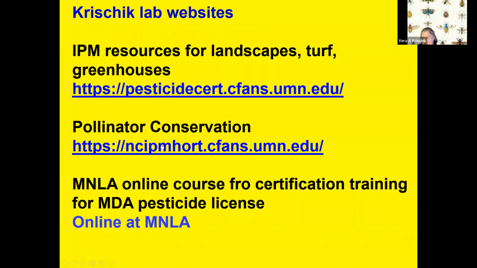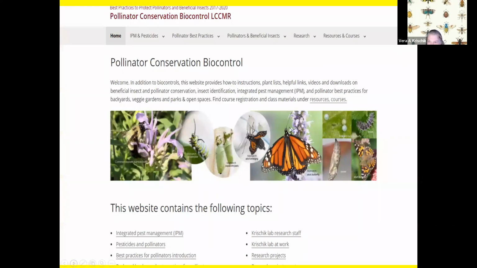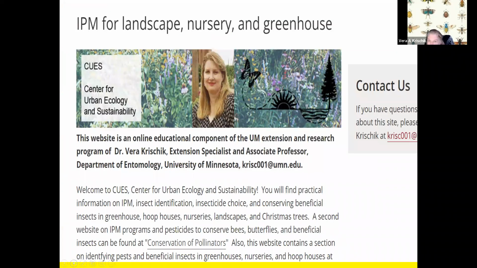So here are the websites. If any of your colleagues need information for the license, every spring MNLA and I do an online course and in-person course teaching everything in the A&E book. So please refer people in your industry to that. So here's the pollinator conservation website. Here's the IPM for greenhouse.